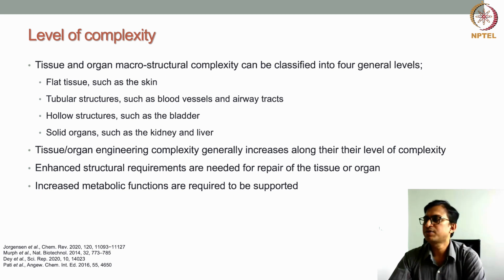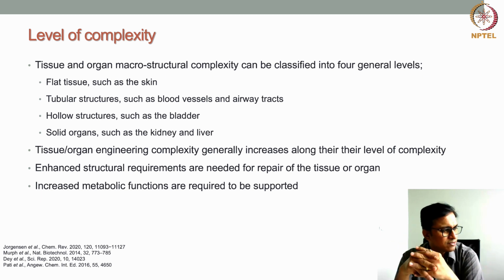Then the next level of complexity is present in the hollow structures, such as the urinary bladder and some other organs. Their complexity is a little higher than the tubular structures, because they have a typical architecture, and because of that their function is also very different.